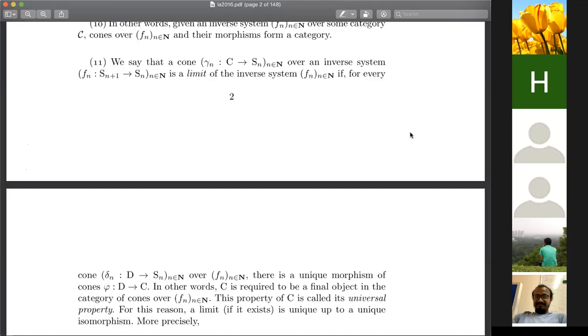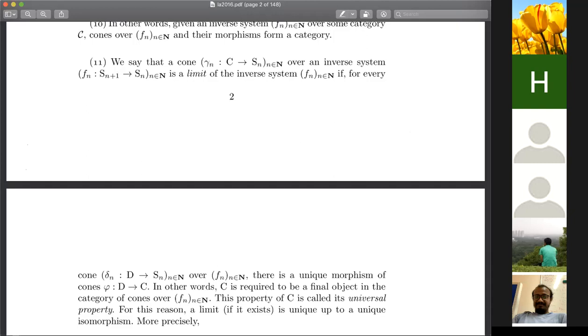Similarly, there's this notion of a final object in any category whatsoever. It's an object of the category to which there's a unique morphism from any other object. So in the category of groups, for example, there is a final object.